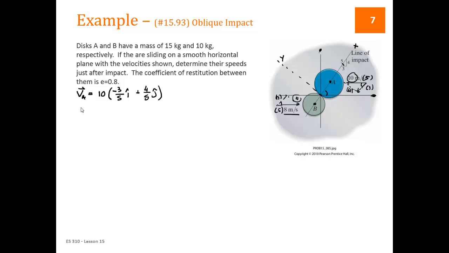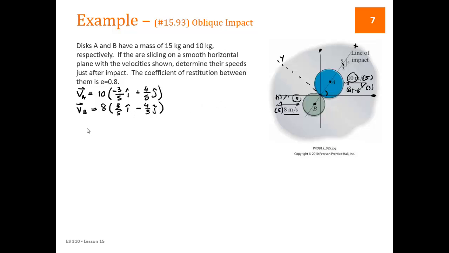Do the same thing for B. We have 8, and we've got the 3 part again in the x direction, and it is positive this time, so 3/5 i hat, minus 4/5 j hat. That's in the negative direction. Alright, so that's our vector notation for our speeds.